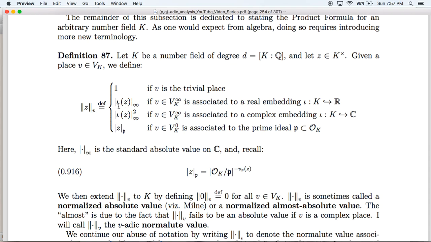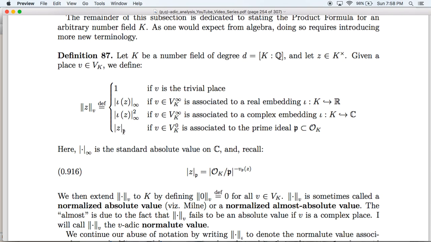It's going to be the complex absolute value of the image of Z under the embedding iota in the case that V is an Archimedean place associated to a real embedding. It's going to be the square of iota of Z's complex absolute value if V is an Archimedean place associated to a complex embedding.